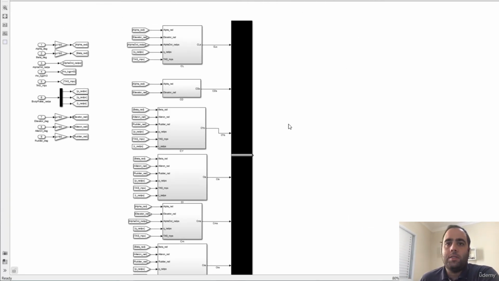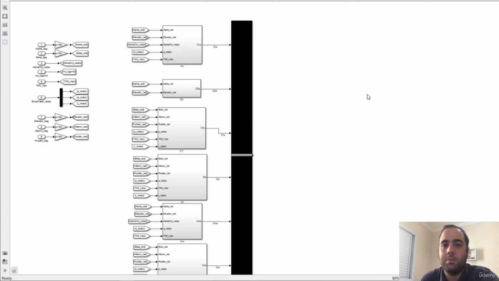Okay, now we're gonna have to convert all these signals from the stability axis that they are derived to the body axis, because all the forces that we're gonna add up in the equations of motion block, they are referenced in the body frame, and all these coefficients were derived either from wind tunnel tests or from theoretical data for the stability axis.